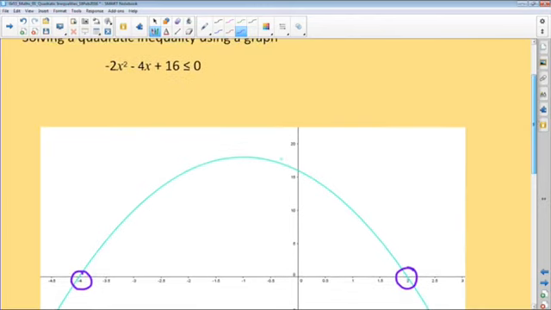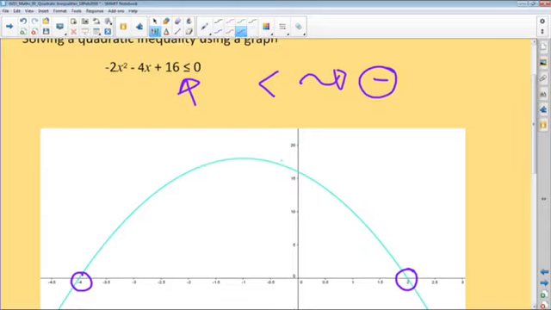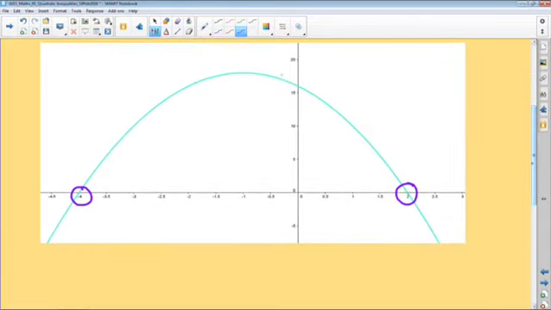They're saying this is less than or equal to 0. Remember, less than means it's negative, your y should be negative. So where is the graph below the x-axis? It should be somewhere there and then also there.